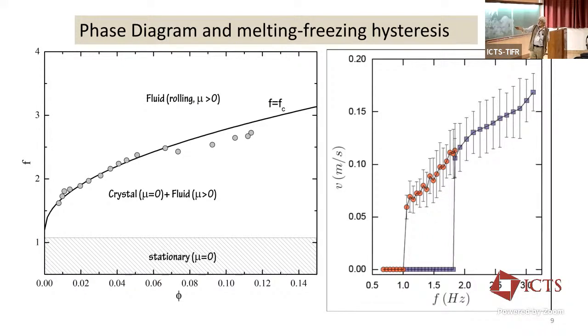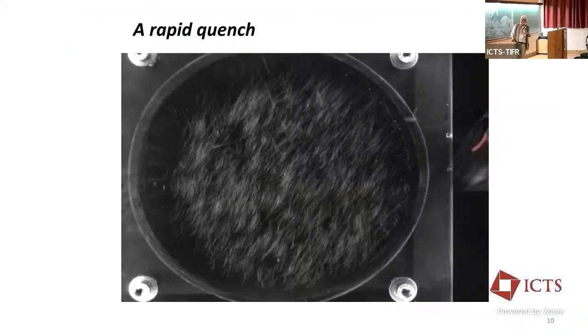Then you come down, there is a very pronounced hysteresis, and then it comes back down. In the language of phase transitions, which I'm kind of pushing you towards thinking in, though it may not be a good thing to do, it looks like a first order phase transition with a coexistence region of a crystal with gas. And this is the phase diagram, and this is kind of the first order phase transition.